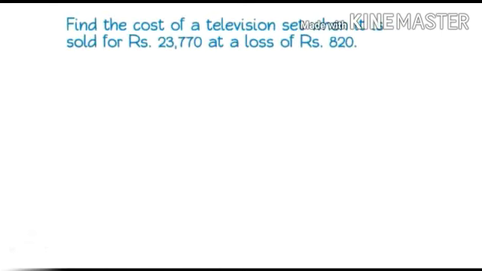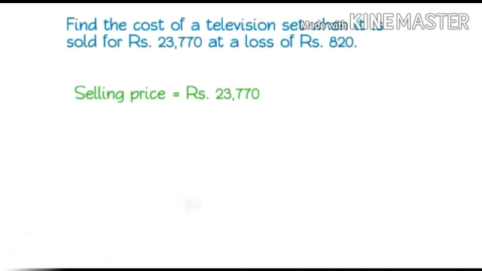Find the cost of a television set when it is sold for rupees 23,770 at a loss of rupees 820. Here, selling price is 23,770 rupees and loss is 820 rupees.